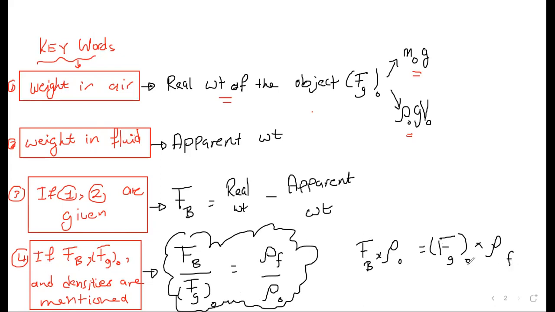Don't put the two O notations on the same side: F_B with rho_O equals F_G,O with rho_F.